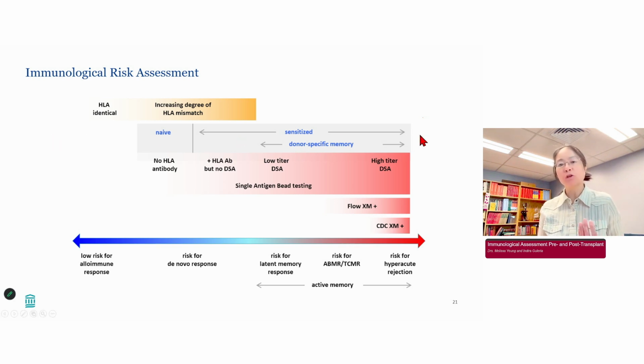There's a full spectrum of risk of rejection, ranging from HLA identical twins where there's no risk of an alloimmune response, to cases of a positive CDC crossmatch where there's a risk of hyperacute rejection. And depending on your patient characteristics and what sort of immunological risk you want to take, anywhere in this mid-range is up to the clinicians to decide whether it's appropriate to move forward with transplant or not.